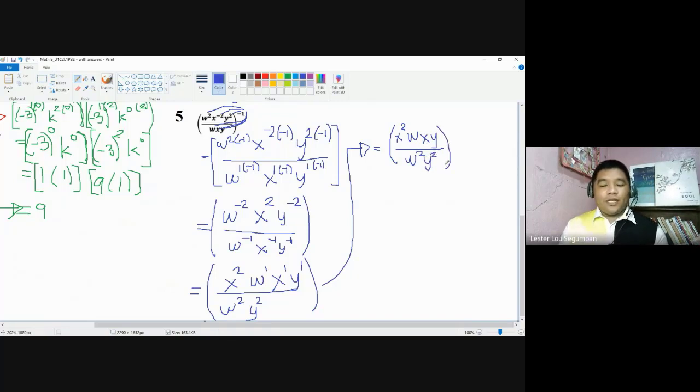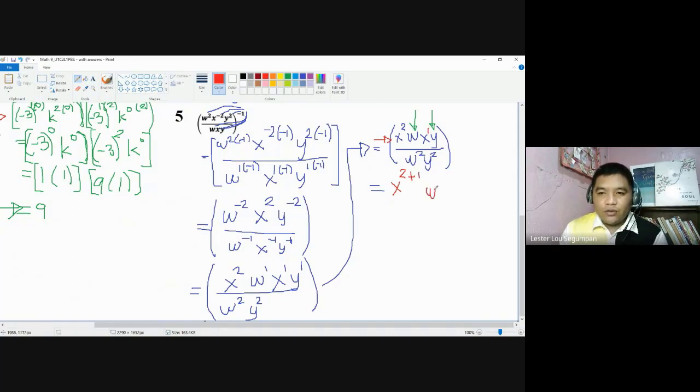Now that all exponents are positive, this is the time that we could apply the other rules or laws of exponents. I'm talking about for X squared, since X is in the same area, numerator, we're going to use the multiplication law. But for W and Y, being the expressions are found in both numerator and denominator, we will use the division law. So for X, you will have here X to the power of 2 plus 1.